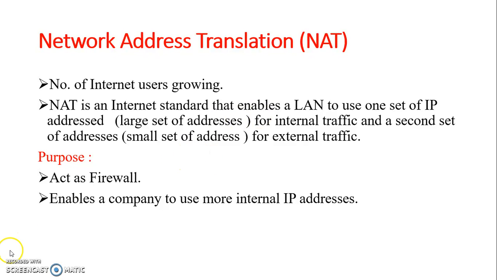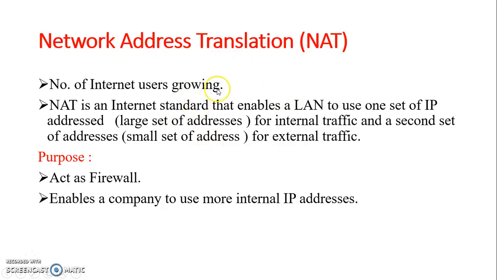The definition of NAT is that it enables the user or the LAN to use one set of IP addresses, a large set of addresses, for internal traffic, and a second set of addresses, a small set, to handle the external traffic.